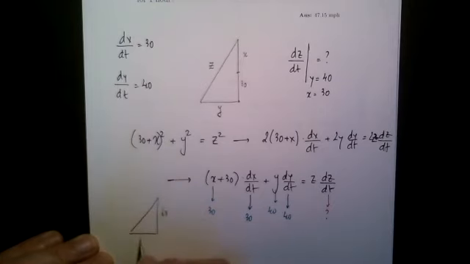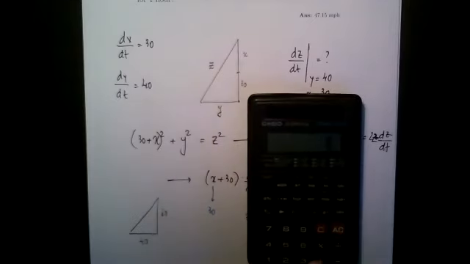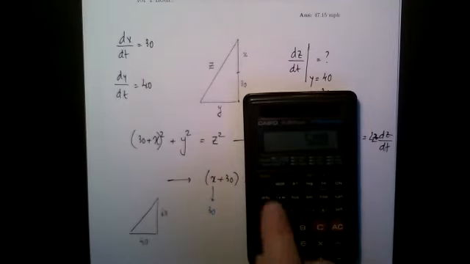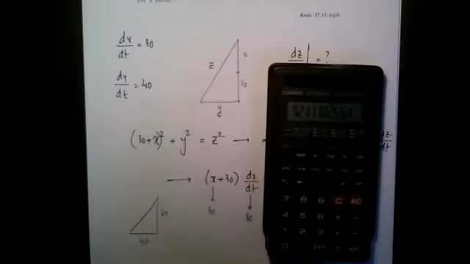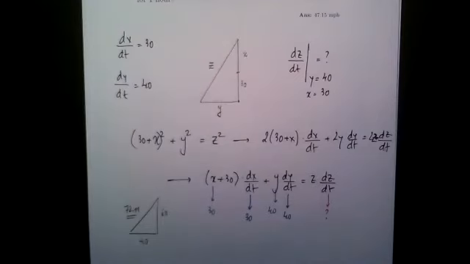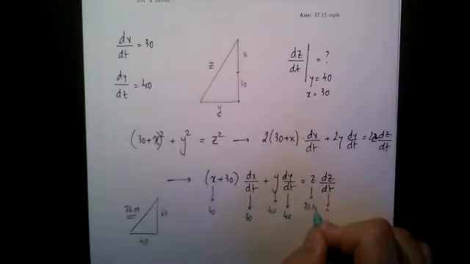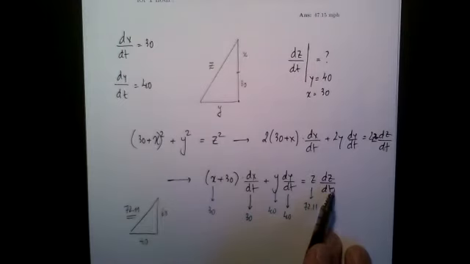It's 60 and 40, so I can find it using Pythagoras. The square root of 60 squared plus 40 squared is 72.11. That's my z here. And now I have all the information to find dz/dt.